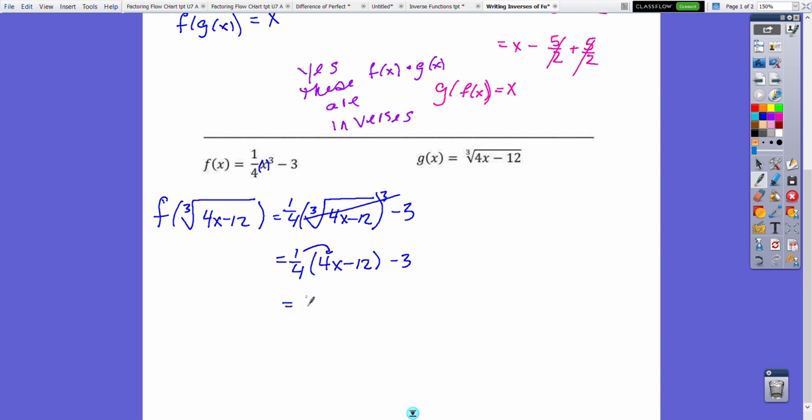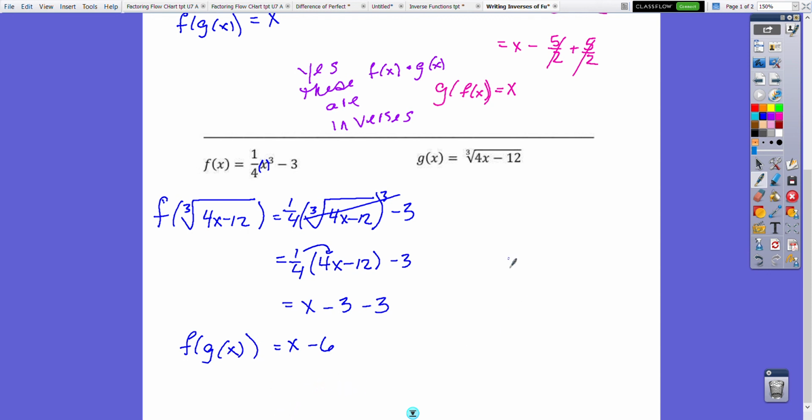So big times the top divided by the bottom. 4 times 1 is 4, divided by 4 is 1, so I have x minus 12 times 1 is 12, divided by 4 is 3. Minus 3, and now let's simplify. x and negative 3 minus 3 is negative 6. So this does not simplify to x, so f of g of x equals x minus 6.